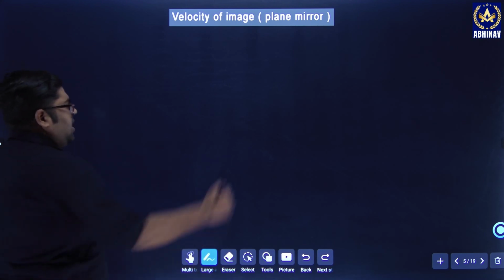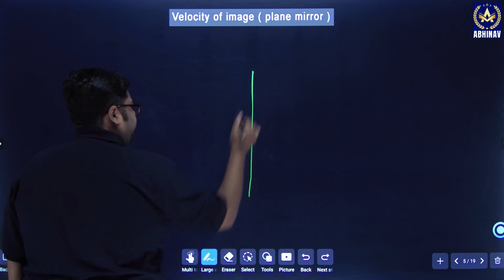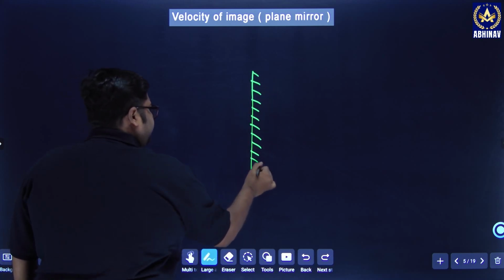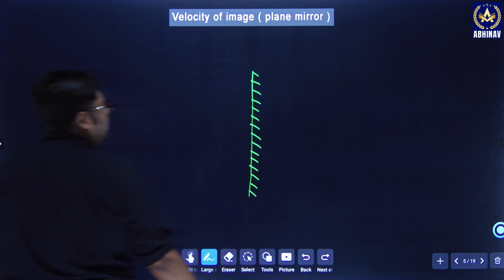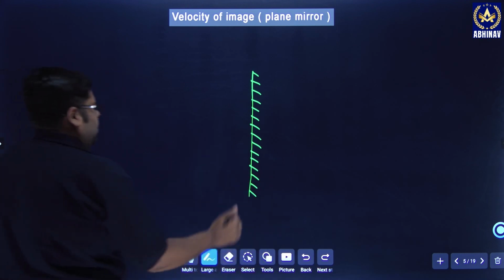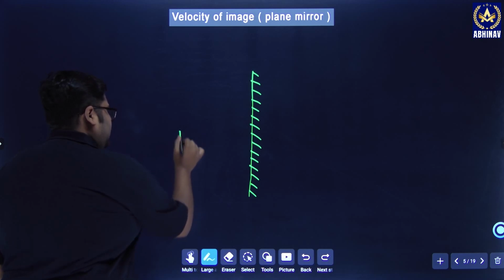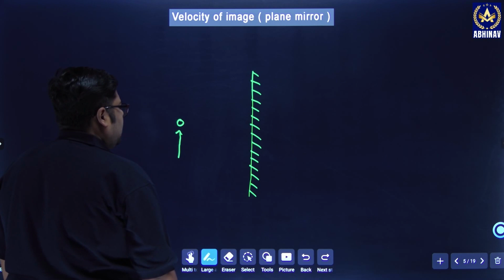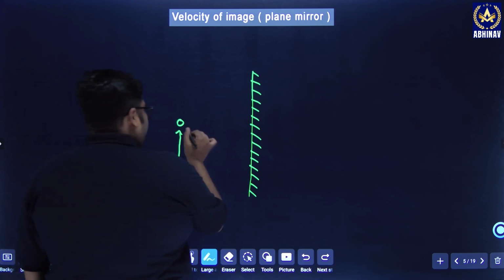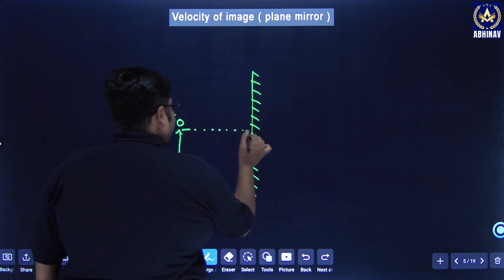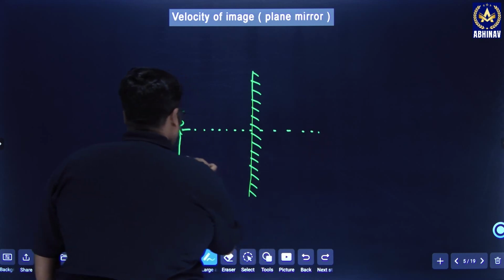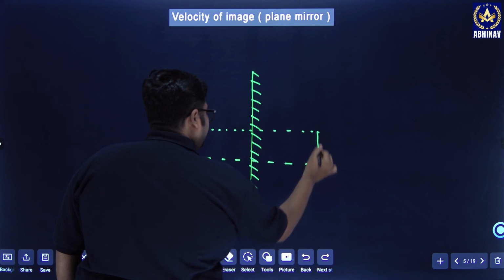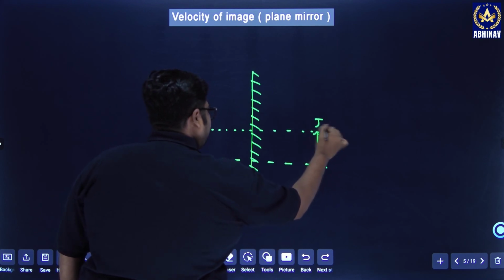Now let us assume a situation here. Now this is our plane mirror. Now we are dealing with the velocity. So previously, let us consider an extended object O. So its image will be formed exactly at the same distance. This is the image formed, right?